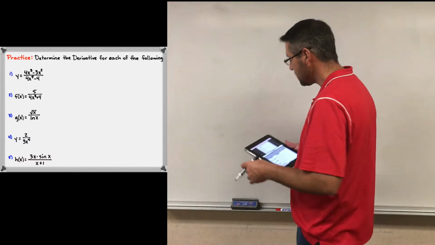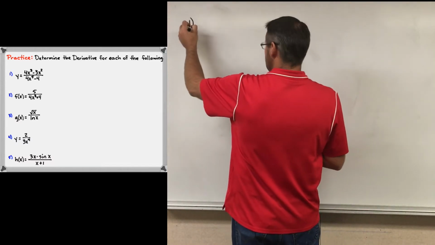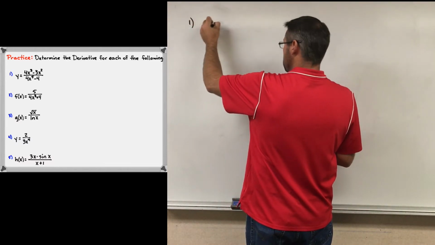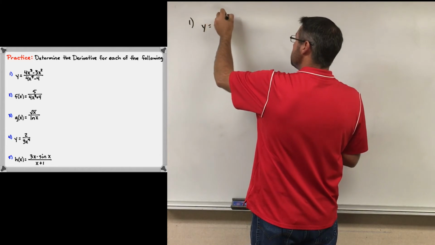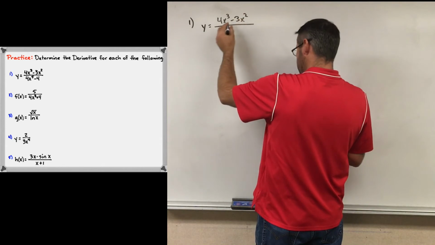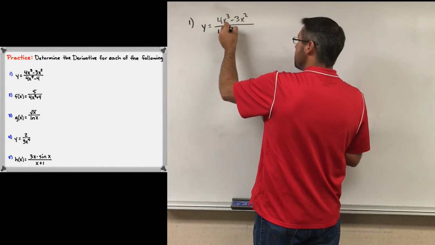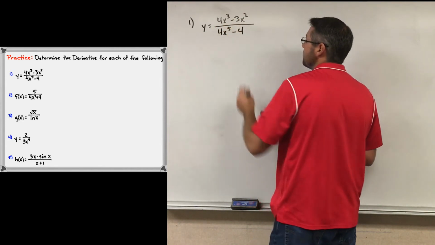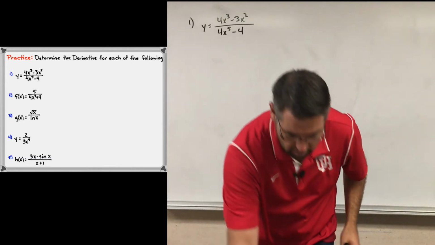All right, for number 1, we have y equals 4x cubed minus 3x squared all over 4x to the 5th minus 4. And we're looking for the derivative of that, obviously.